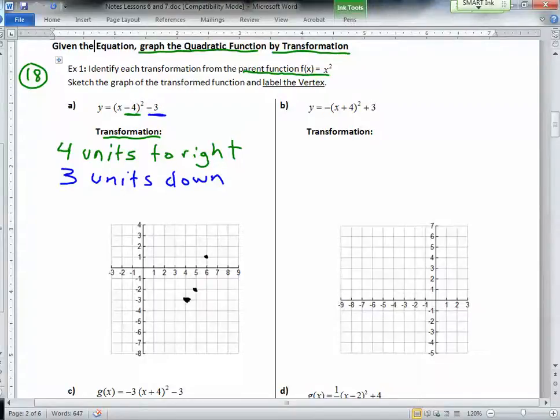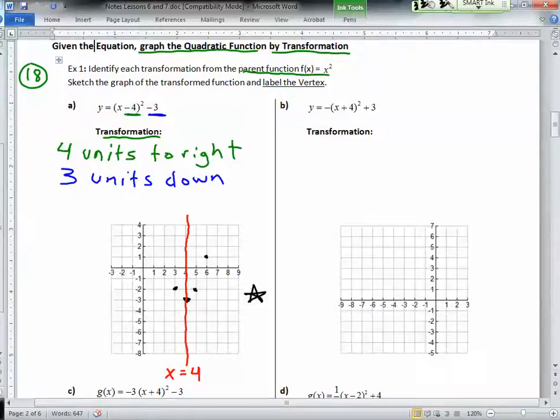Okay, so back to this graph right here. I've got the right side of my parabola down. To find the left side, I essentially just need to reflect all of these points over the vertical line that my vertex is on. This is my line of symmetry right here. The equation of that line is x equals 4. The way I know that's my line of symmetry is that's where my vertex is. So I'm just going to reflect them. Instead of going right 1 and up 1, I go left 1 and up 1 for that point.